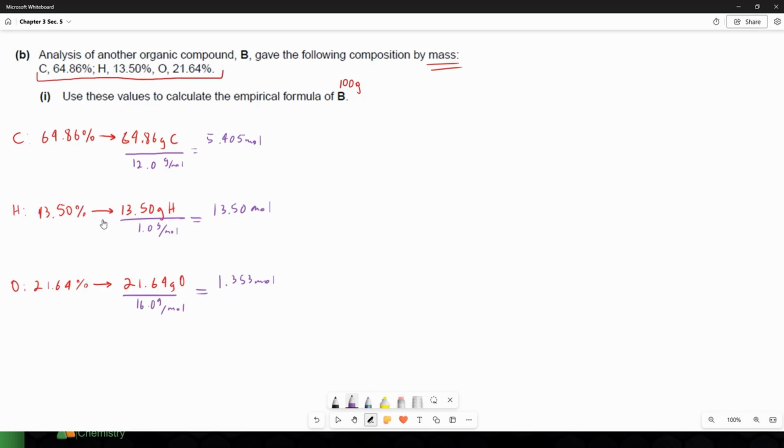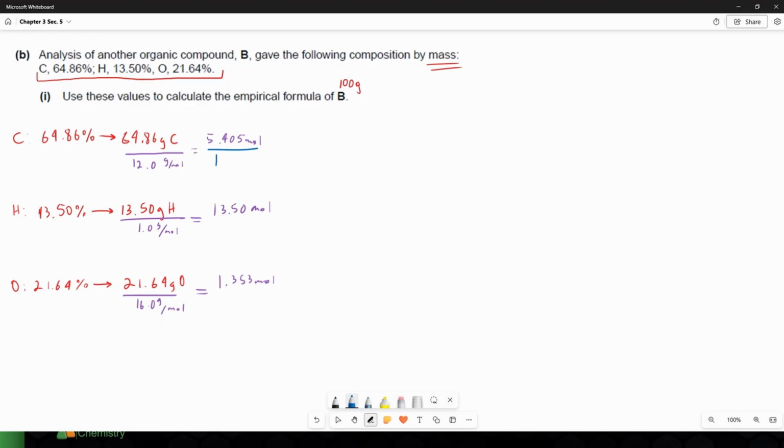Now the next step is to get the ratio. So what we did right now was to convert to number of moles. The next step is to actually get the ratio. How do we get a ratio between numbers? Well, all a ratio is the number divided by the smallest of all of them. So the smallest out of these three numbers is 1.353.